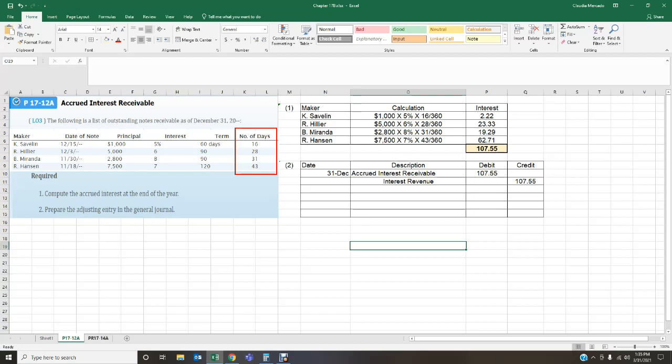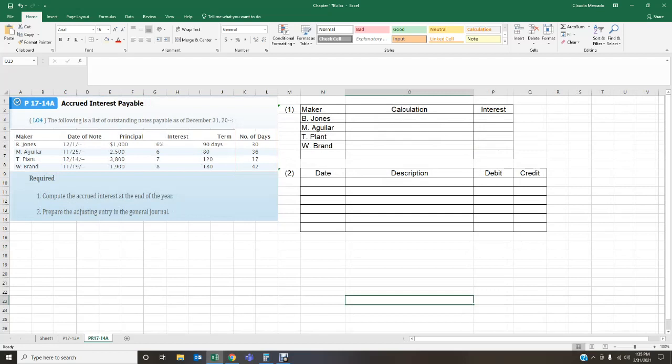Now, in this particular problem, it's accrued interest payable. This is money that we, the business, owe other individuals. That's the only difference. The other problem was we were receiving money. In this case, we are paying out interest. So that is what's going to be going down.